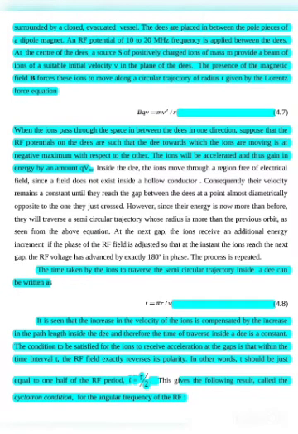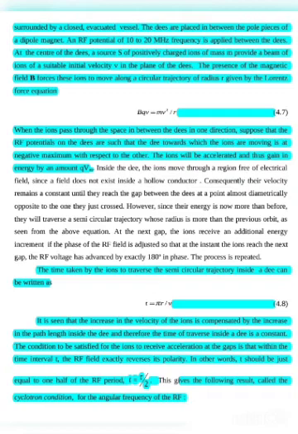A source S of positively charged ions of mass m provides a beam of ions with a suitable initial velocity v in the plane of the Ds. The presence of the magnetic field B forces this ion to move along a circular trajectory of radius r given by the Lorentz force equation BqV is equal to mv square by r.